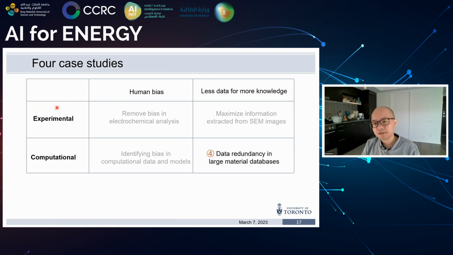On the other hand, this study clearly suggests that there may be many redundant data in our material database. Is that really true? Is the redundancy a widespread issue across different material datasets? And how serious is the degree of the redundancy?